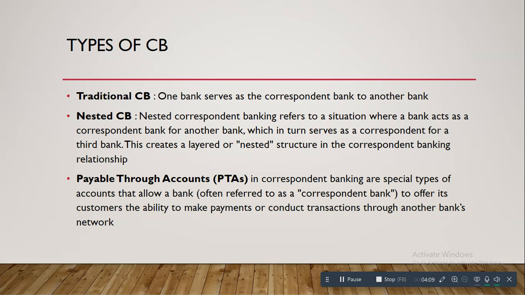So say there are banks A, B, and C. A is serving as a correspondent bank for B, but B is serving as a correspondent bank for C. This is where nesting happens, like one is nested on the other. So it creates a layered or nested structure in the correspondent banking relationship, and hence the term nested correspondent banking.